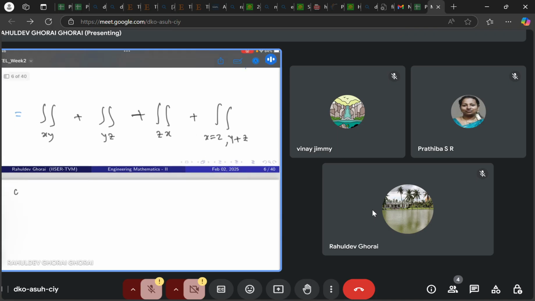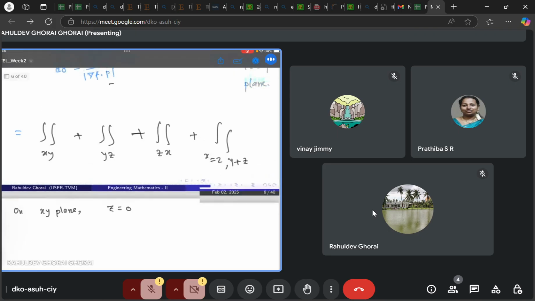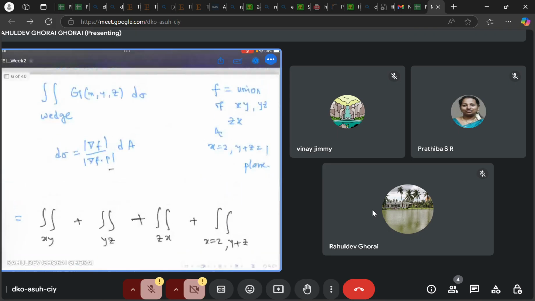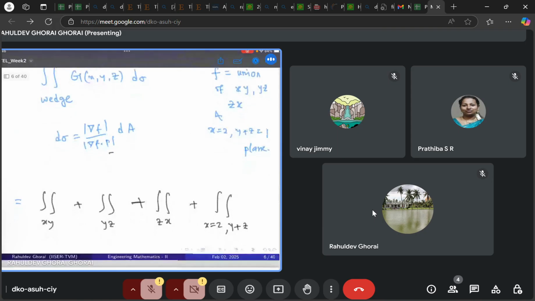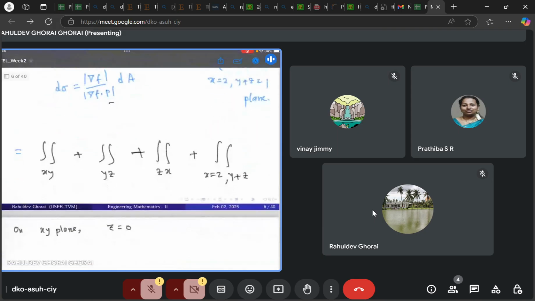Now on the xy plane, we know z equal to 0, right? So mainly on the xy plane, z equal to 0.